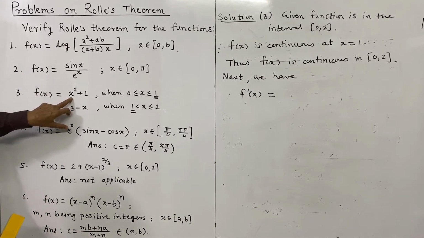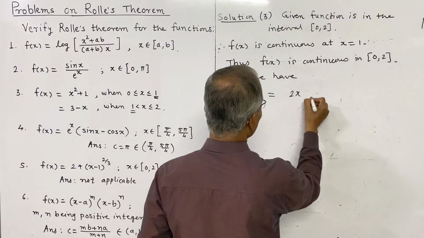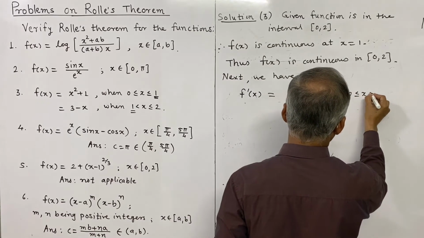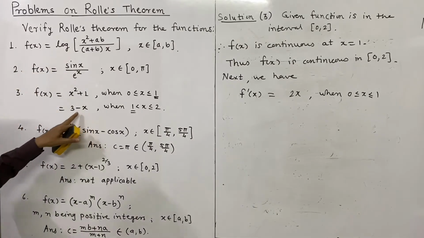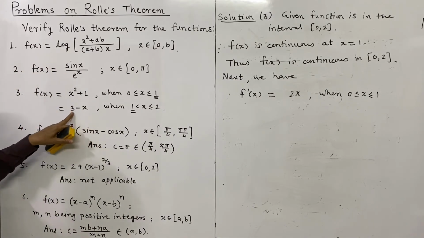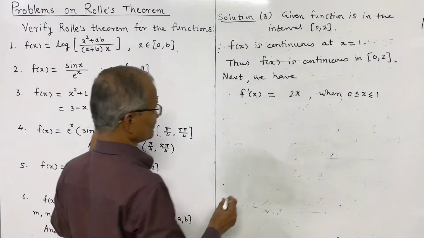The derivative of x square is 2x, and the derivative of 1 is 0. So f dash x is 2x when x is in the interval 0 less than or equal to x less than or equal to 1. And the derivative of 3 minus x is 0 minus the derivative of x, which is 1. So that is minus 1.